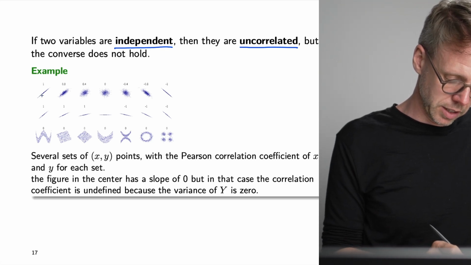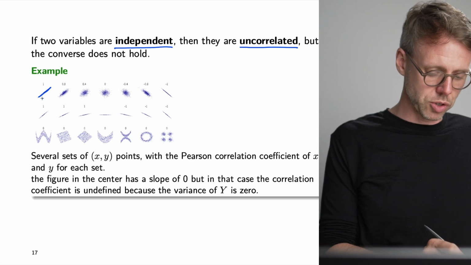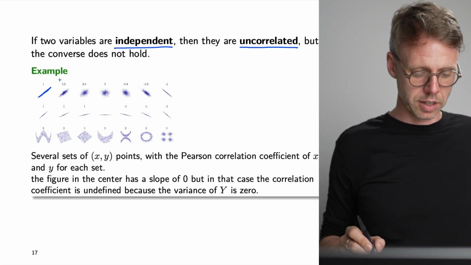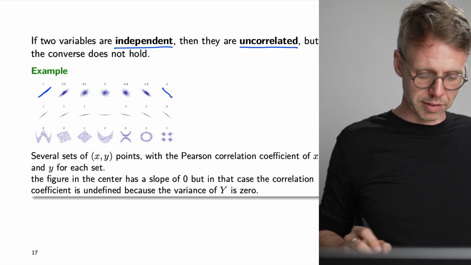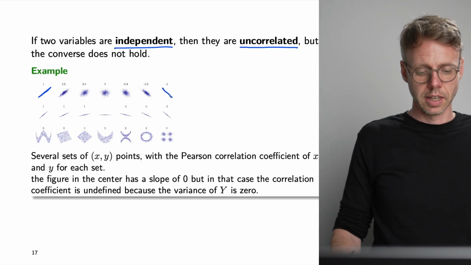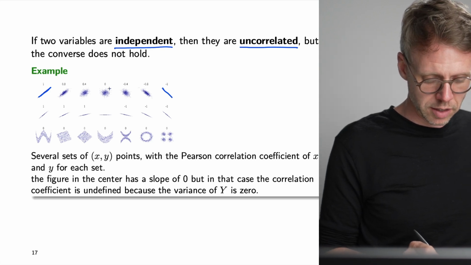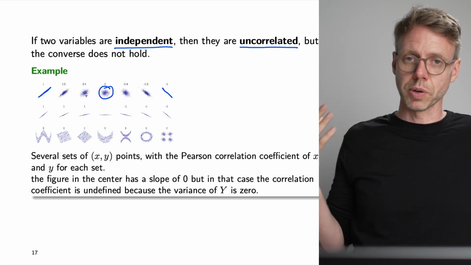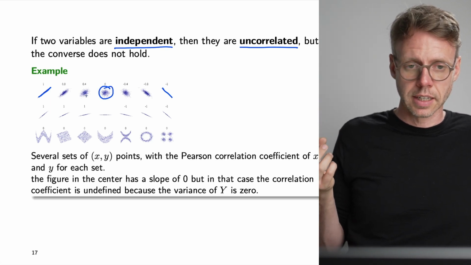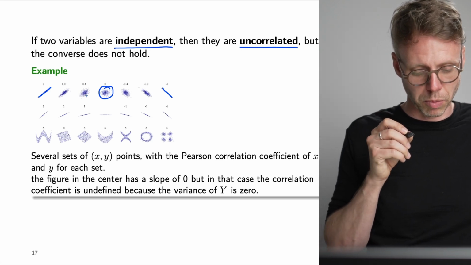Here we see, for example, variables that are extremely strongly correlated, so correlation being 1, extremely strongly negatively correlated, and anything in between. For example, here we see correlation equals 0, which means that knowing something about x does not tell us something about linear relationships of y.